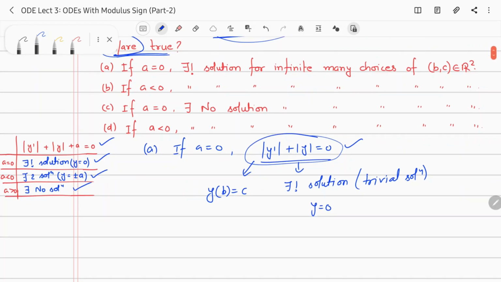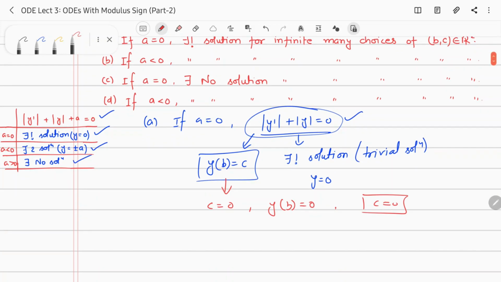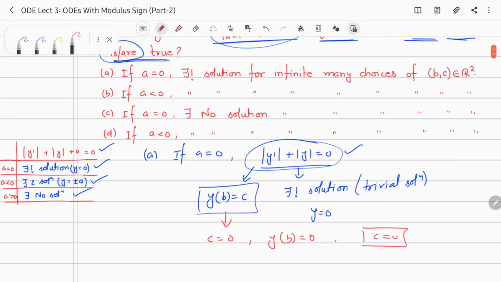As we know, a solution always satisfies the differential equation as well as the initial condition. So y equal to 0 satisfies the differential equation, but to satisfy the initial condition we need to take c equal to 0. So we must take y(b) equal to 0. In that case, what does option A say?